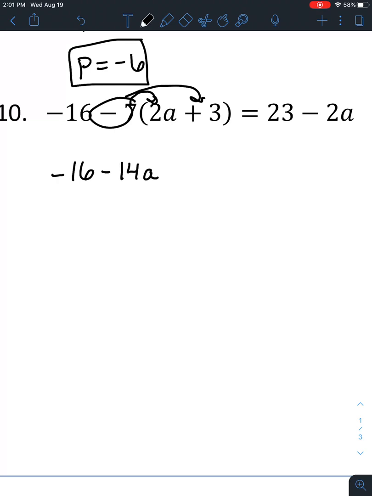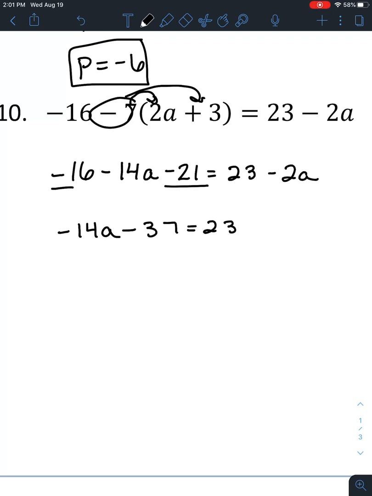Negative 7 times positive 3 gives me negative 21. Equals 23 minus 2a. Combining my like terms here, negative 16 minus 21 will give me negative 37. So I'm going to rewrite negative 14a minus 37 equals 23 minus 2a.